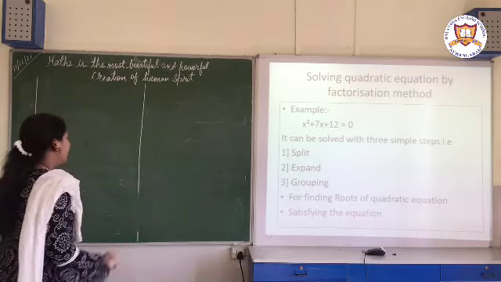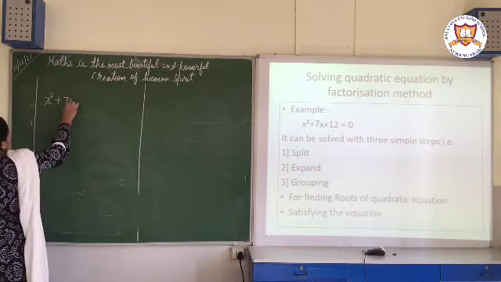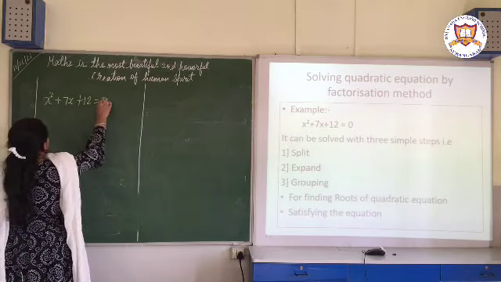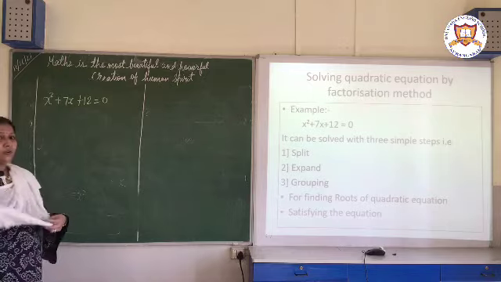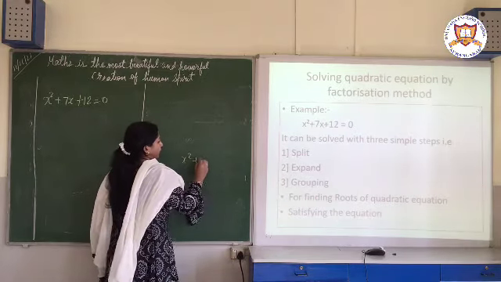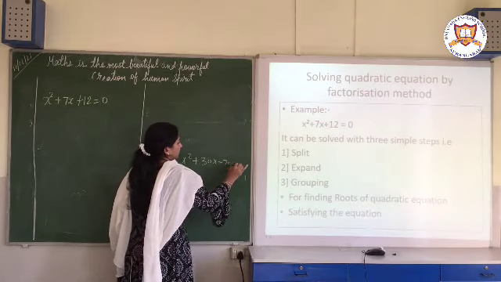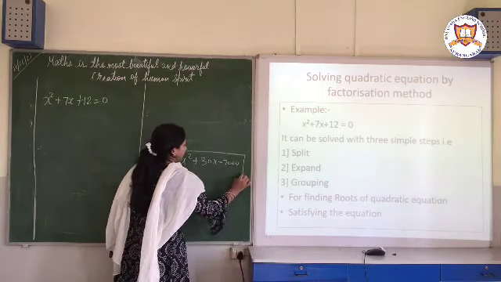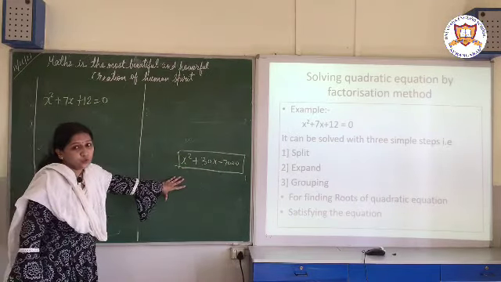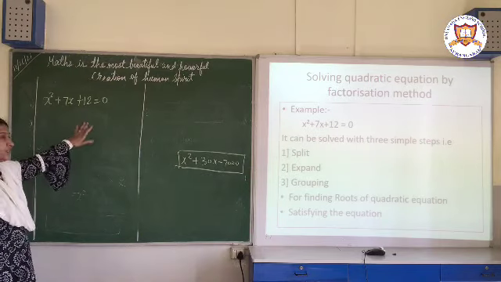Now, suppose the equation given to you is x square plus 7x plus 12 is equal to 0. Just now I taught you how we formed a quadratic equation. Now, how to solve such equations by the factorization method we are going to study.